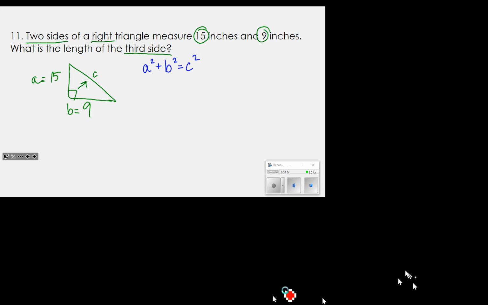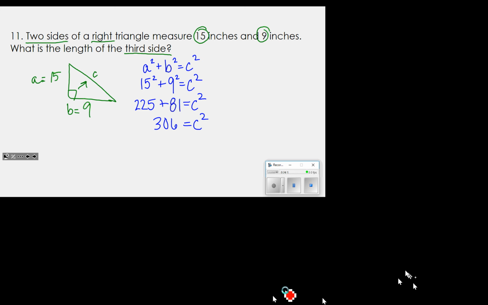And I'm using 15 squared plus 9 squared equals C squared. And then we're going to do the multiplication, so 15 times 15 is 225 plus 9 times 9 is 81 equals C squared. We can add those two together and we get 306 for C squared.